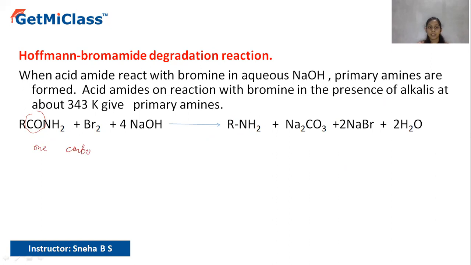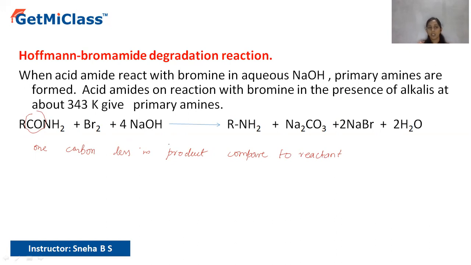carbon less in product compared to reactant. So this is the only method where we can observe one carbon less in the product compared to the reactant. So here there are two carbons.